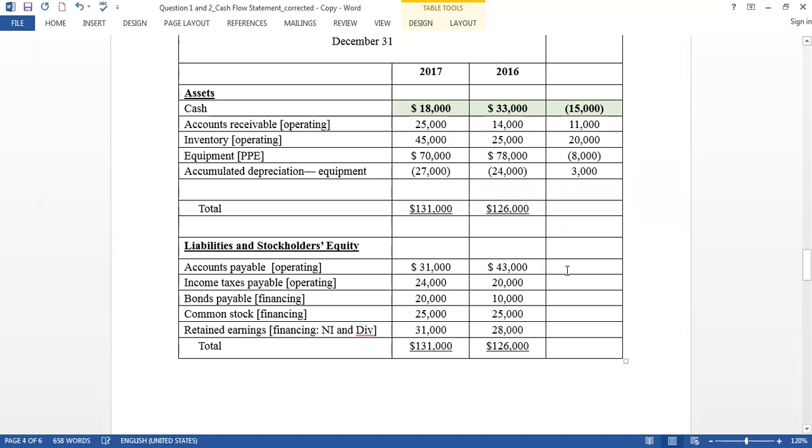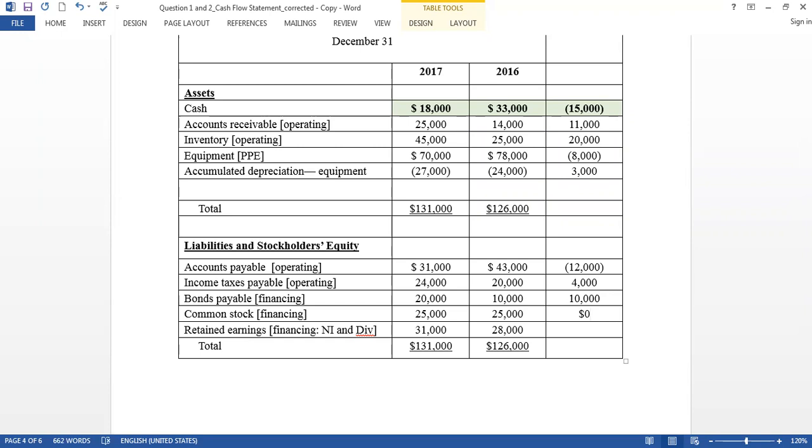So we find that accounts payable decrease $12,000. Then income tax payable increase $4,000. Then our bonds payable liability increase $10,000. Then common stock, $0, no change.